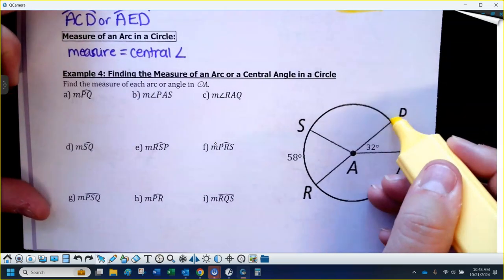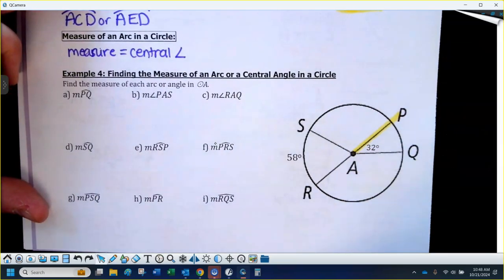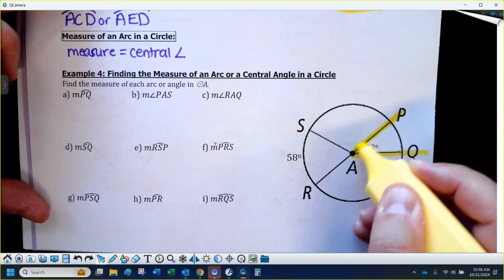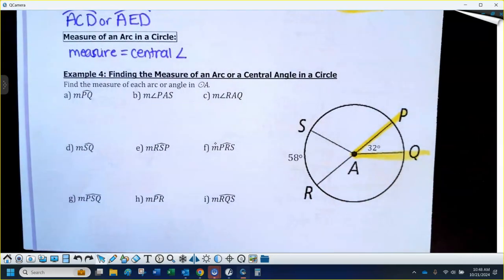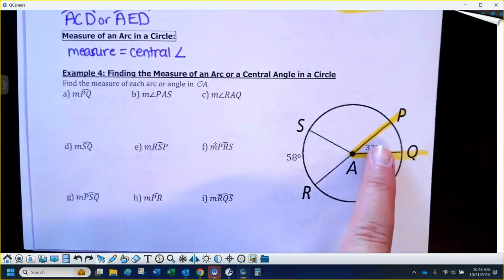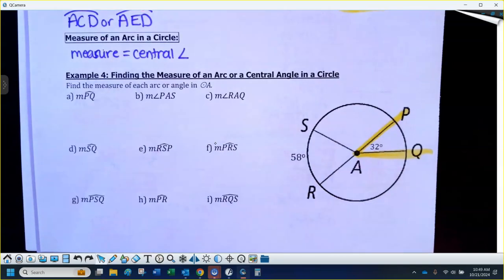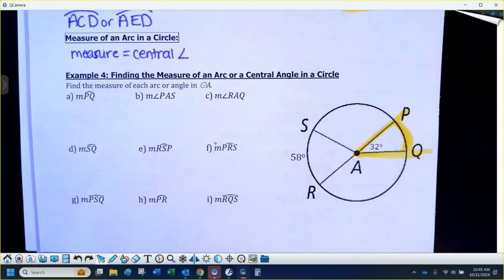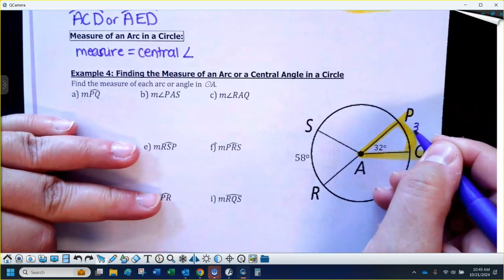Let me go back and answer the questions in a second. If this is the central angle, the center of that angle is on the center of the circle. If this angle is 32, then this arc that it cuts off would also be 32.